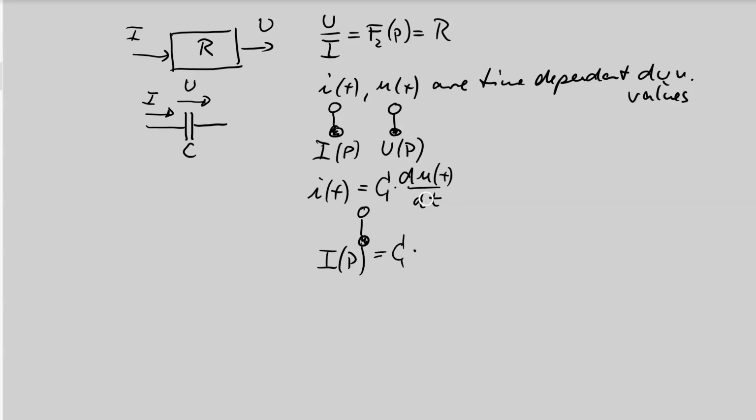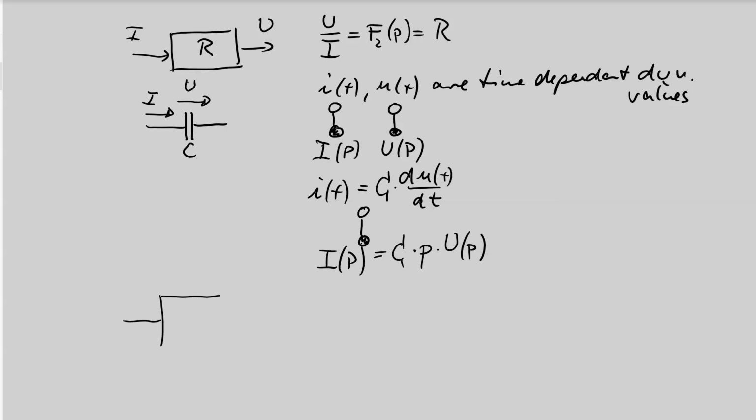If we have the first derivative of a signal, then in the frequency domain this is equal to the multiplication with the complex frequency p. So in the frequency domain, the same equation can be written with the complex current I is C times p times complex voltage U.